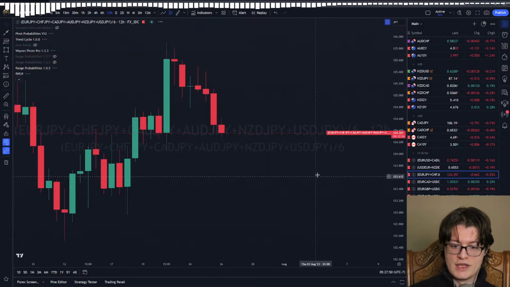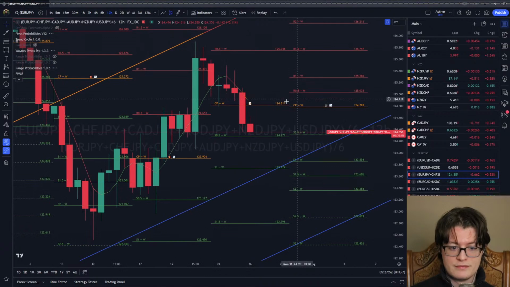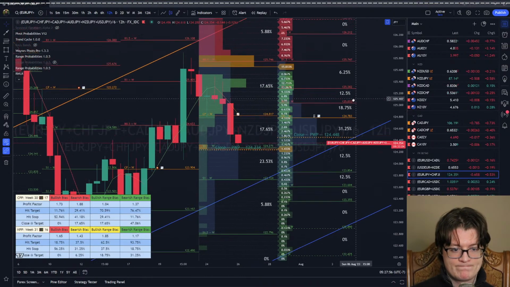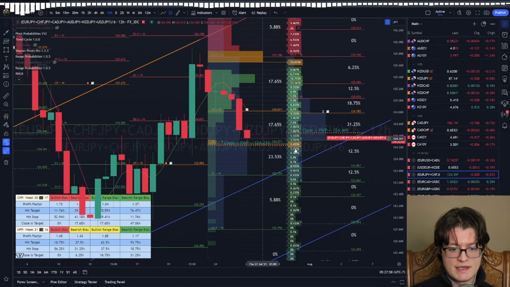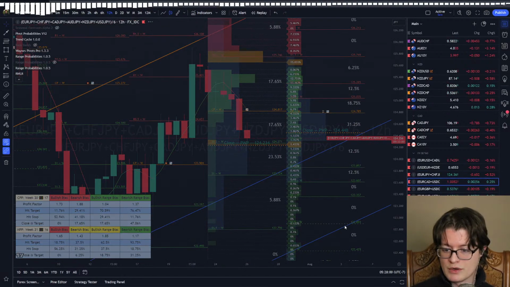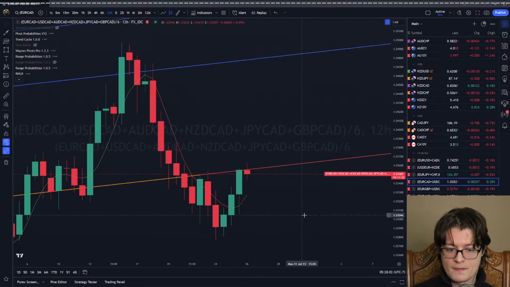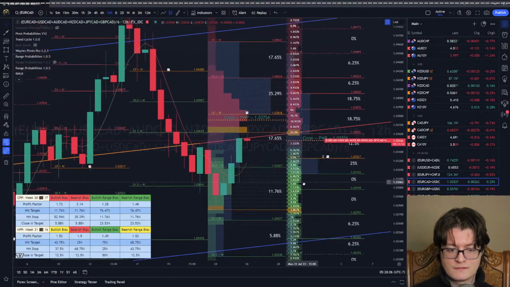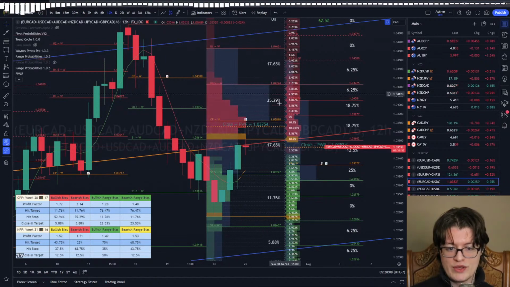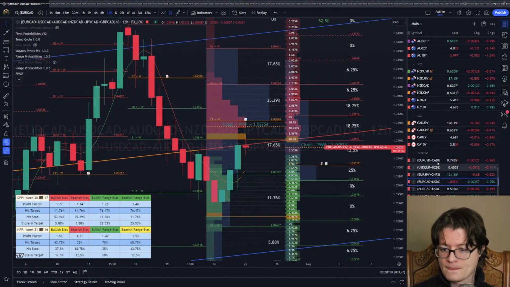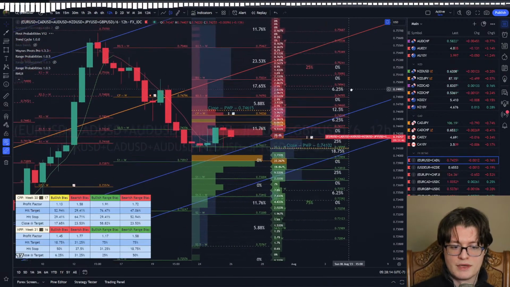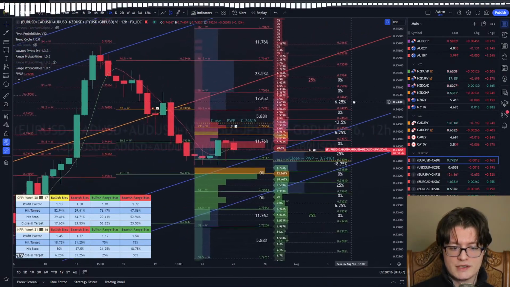How about our yen? Yen's probably going to stay sticky and close lower. And CAD's probably going to get weaker. So let's compare dollar one more time.